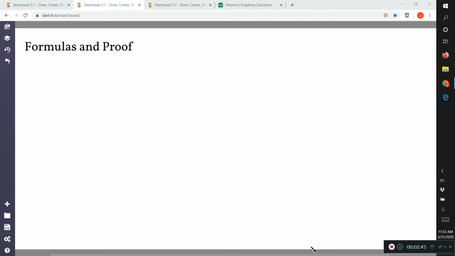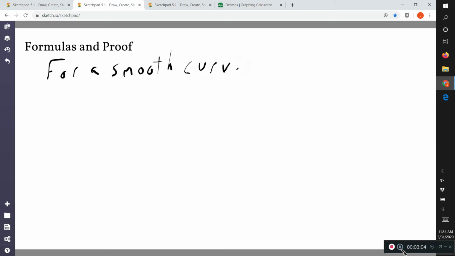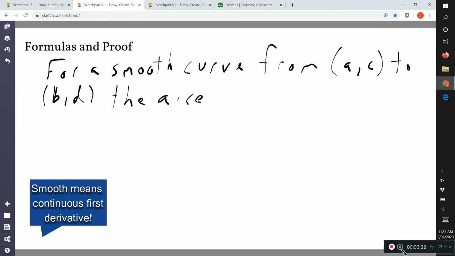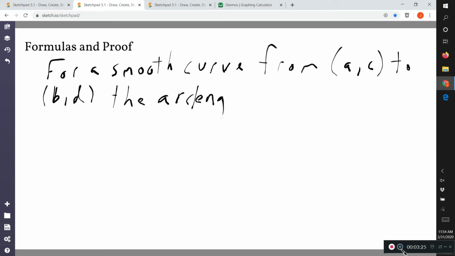The formulas can be given as, for a smooth curve from the points A, C to B, D, the arc length is given by the following formulas.